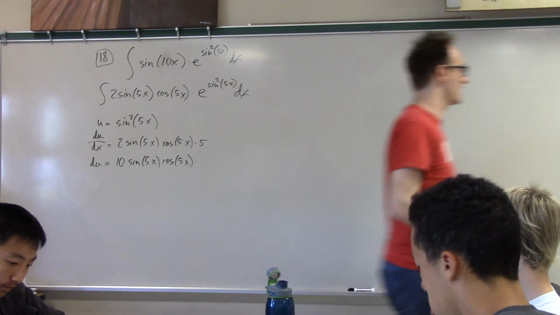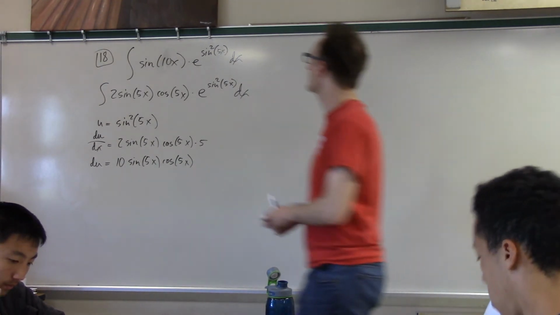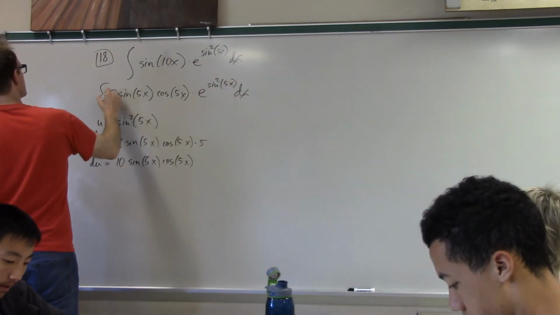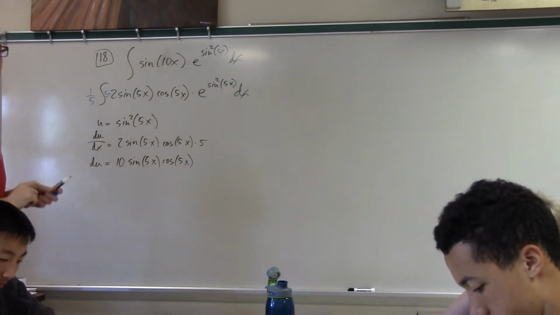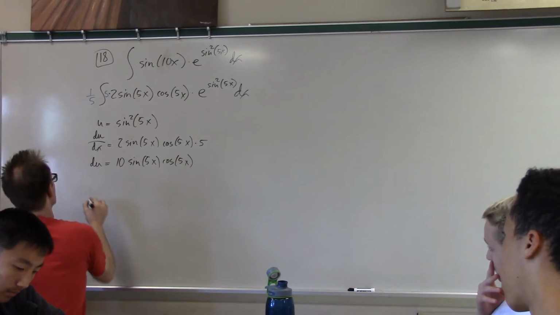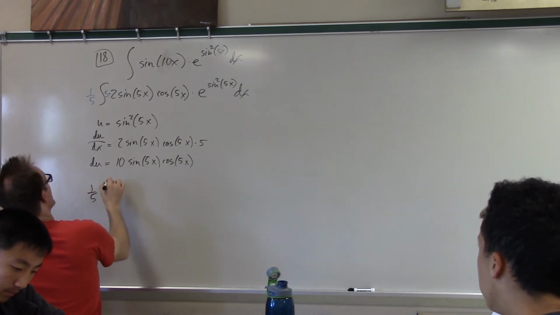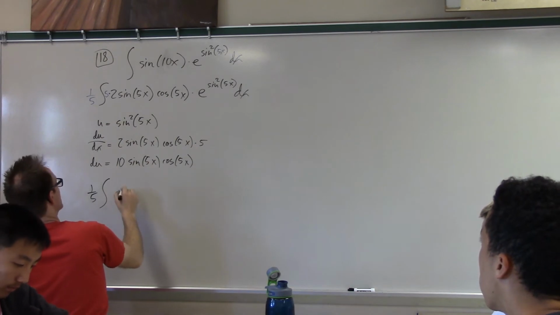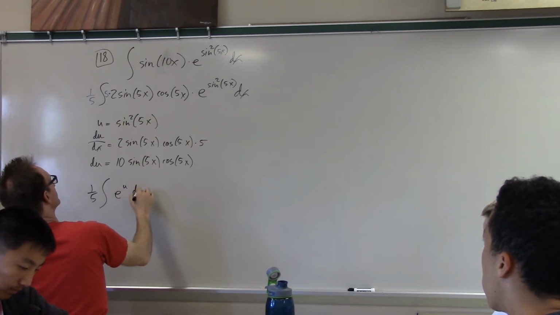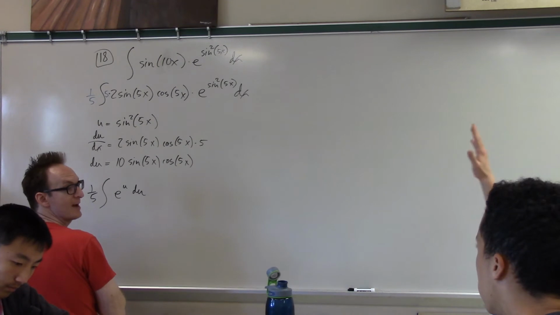I'm just missing the 5. So I stick in a 5 and undo the damage with a 1/5. Now I rewrite this antiderivative in terms of u: 1/5 times the antiderivative of e to the u du. Boom. And now I just do it.